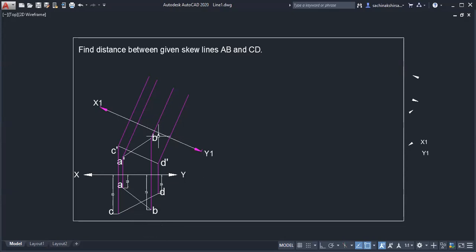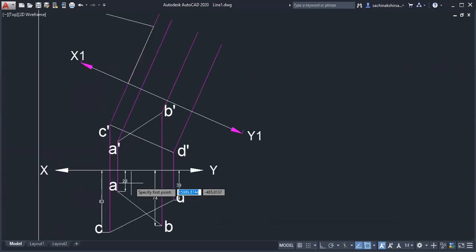On that projector, I will mark the distances. Here, in my case, the distance is 83, so here I will get one point. Then I will mark another distance. How much is it here?